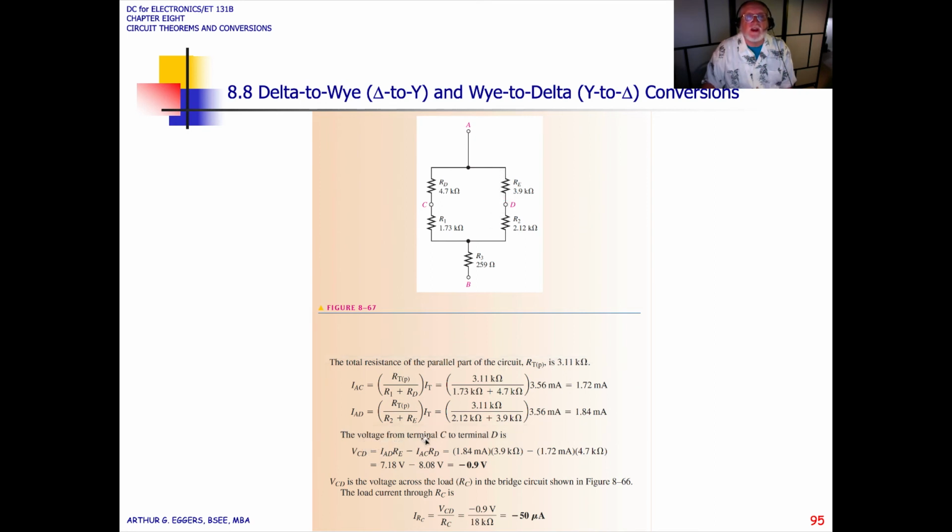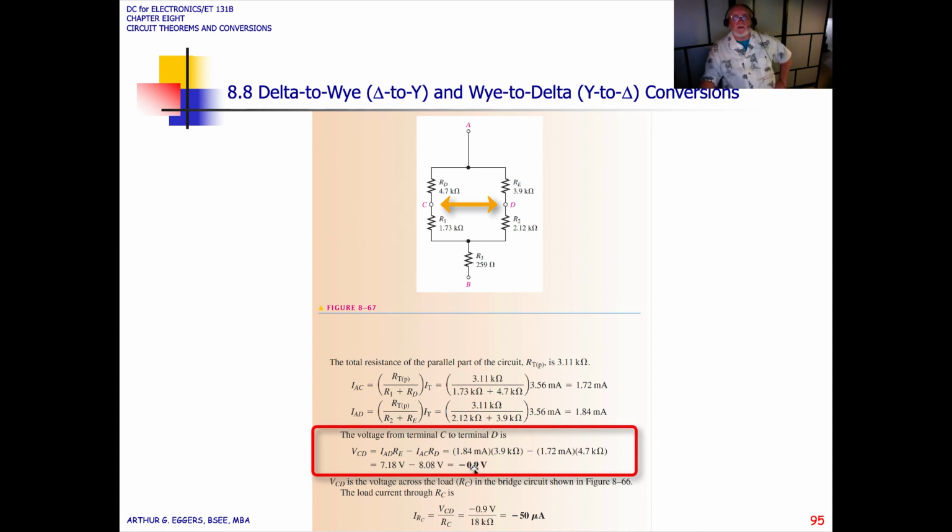The voltage then from terminal C to terminal D, those are the points inside here. VCD is equal to the current I A to D times RE minus I A to C times RD. We're taking the currents for each part of the branches here, and we get a value of 7.18 volts minus 8.08 volts, or minus 0.9 volts.